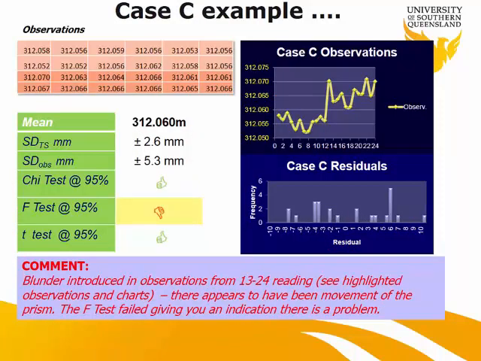Moving to case C. In case C, I've introduced the blunder in observations from observation 13, this bit here, to 24. Half of my observations have a blunder. They appear to have movement of the prism.